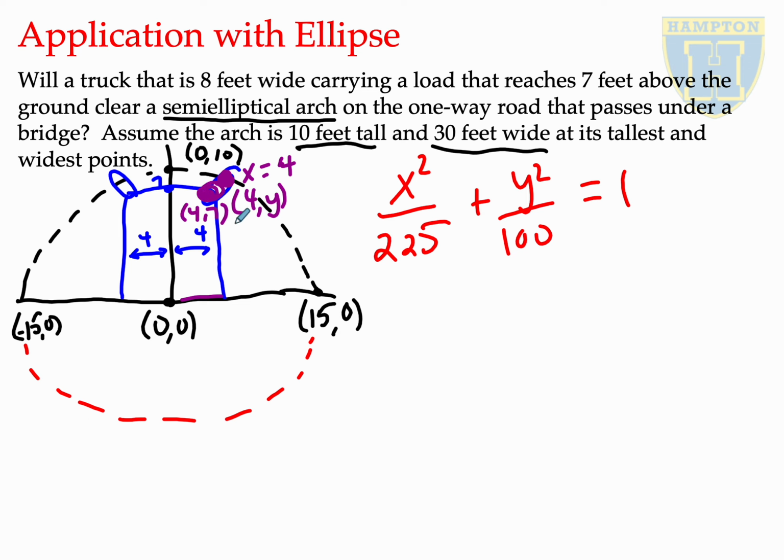We want to make sure that this y value is greater than that 7. Therefore, the truck would clear the arch. The way to do that is to figure out what that y coordinate is. We substitute x being 4 into our equation for the ellipse.